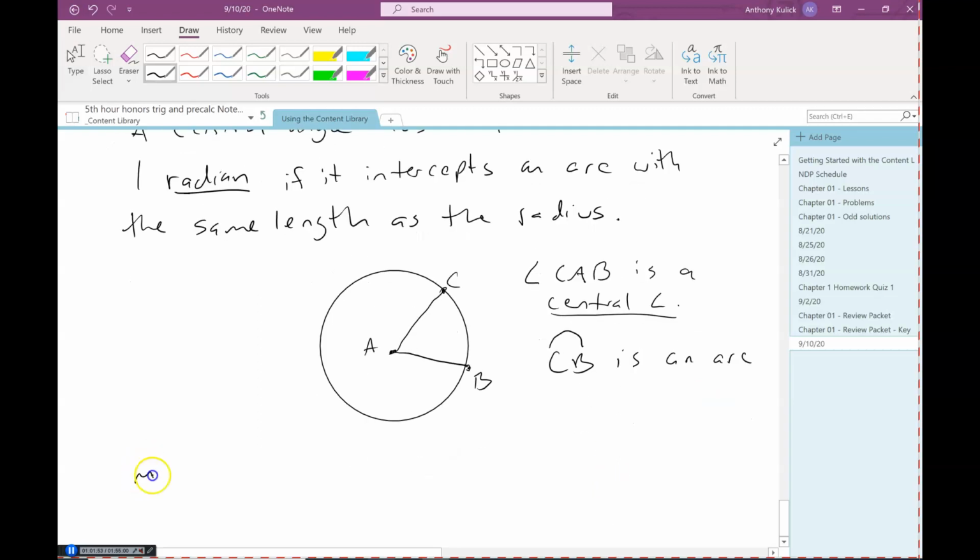So we say that the measure then of angle CAB equals 1 radian if and only if the measure of segment, we don't need a measure. We can just say the segment AC is congruent to the arc CB.